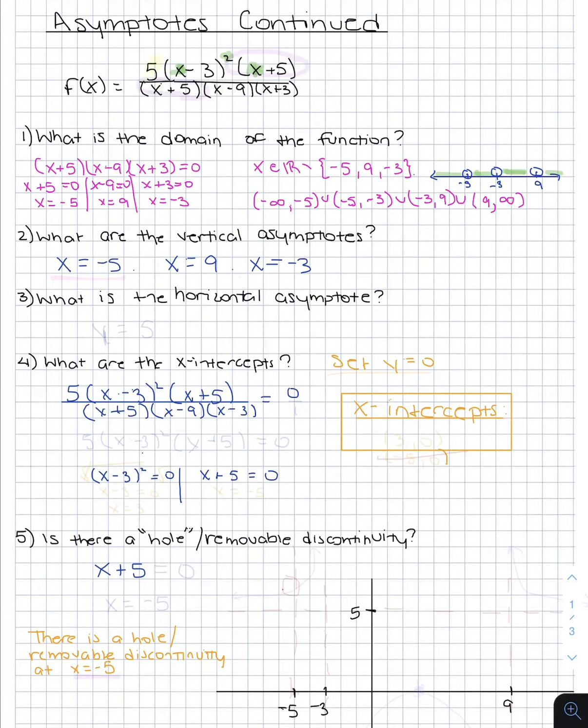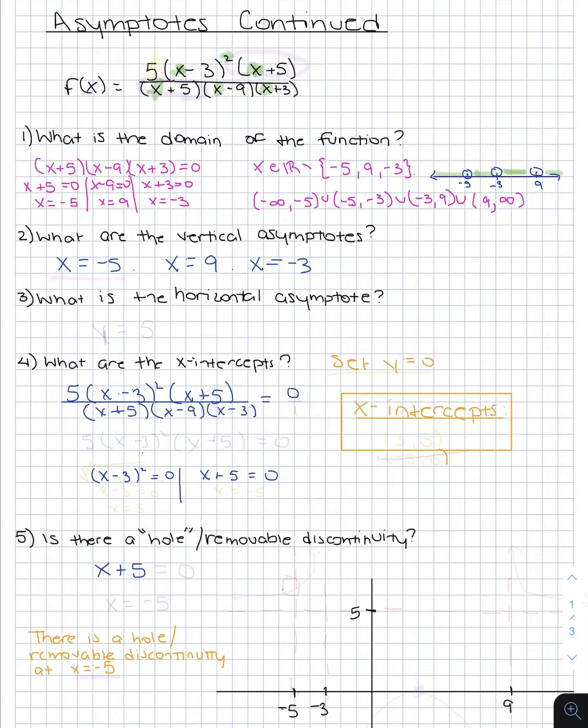The degree of the numerator is actually 3, which we can get by distributing everything. The denominator has an x multiplied times another x times another x. So the denominator also has a degree of 3.